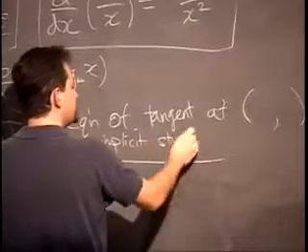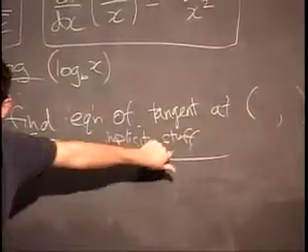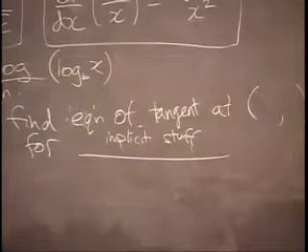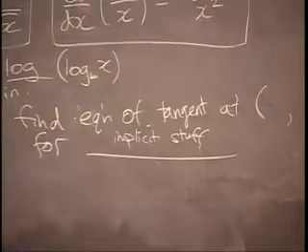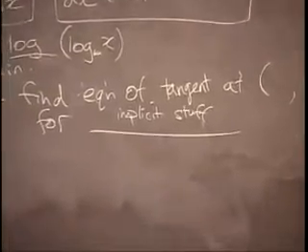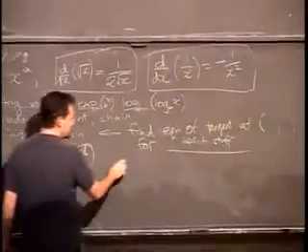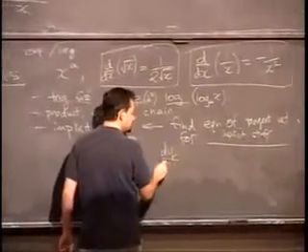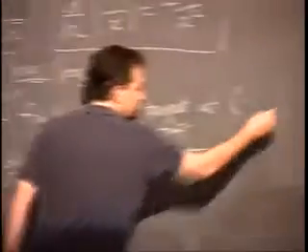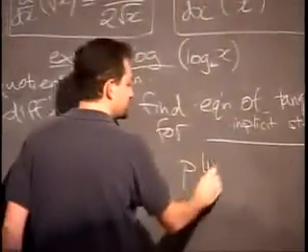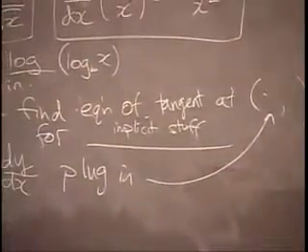And when I say implicit, remember, I mean not y equals something, but just some more complicated equation involving x and y's. The way you solve this is you whack both sides with a d/dx, and you will find dy/dx as a result if you do this properly. And you plug in these points. Plug in that, and you will get the slope.